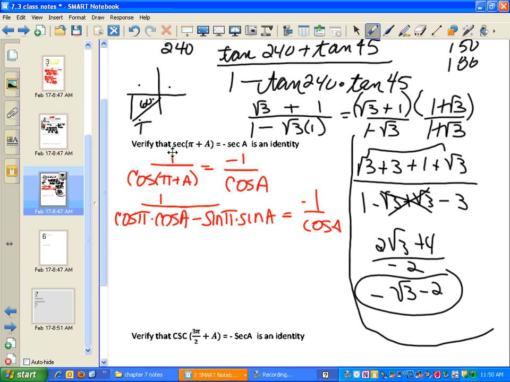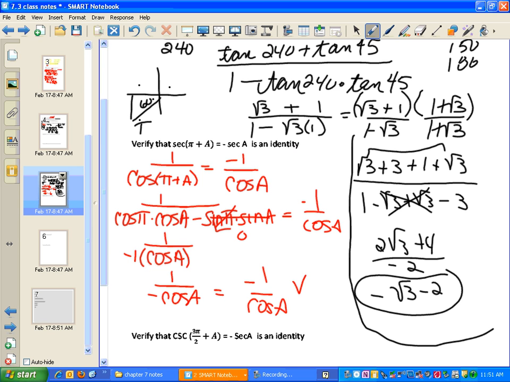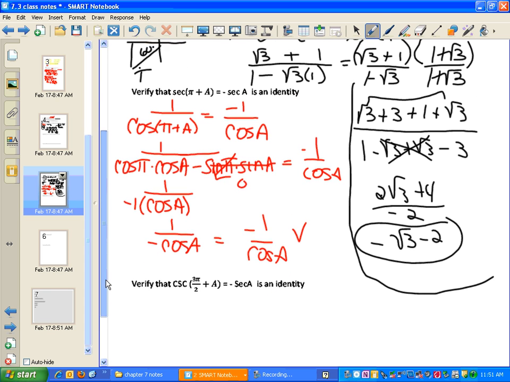So 1 over negative 1 times cosine of a. But the sine of pi is 0, so this whole term drops out. And so I get 1 over negative cosine of a, which really is equal to negative 1 over cosine of a. And it works. So it's just a manipulation of these.